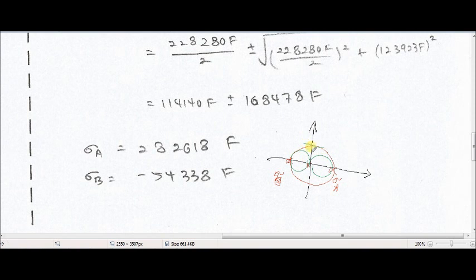So the maximum shear stress is the radius of the biggest, red colored circle, which is sigma A minus sigma B divided by 2.